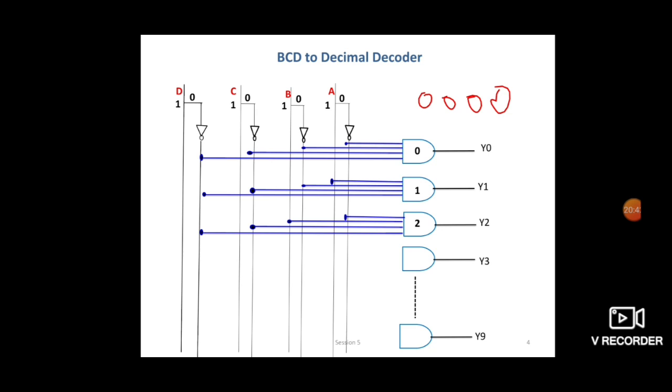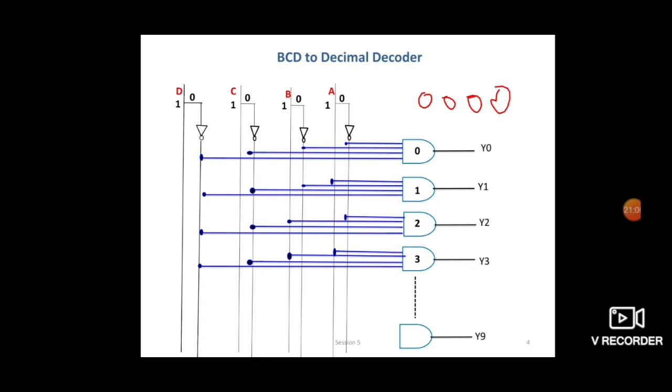Same for Y3, 0 0 1 1. Here the two 0 lines are connected through NOT gates and the 1s as they are. So what is the output for Y3? 3. Okay, output is 3.